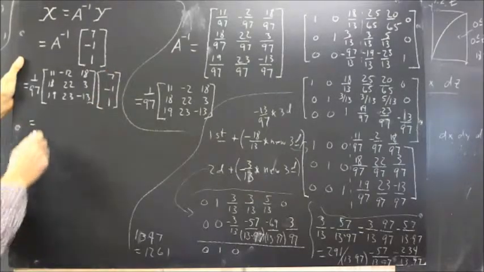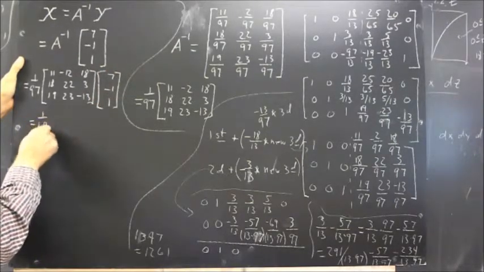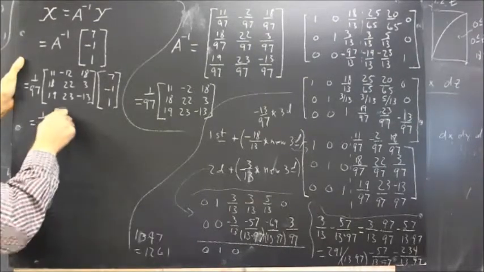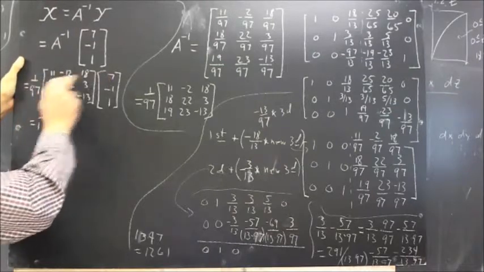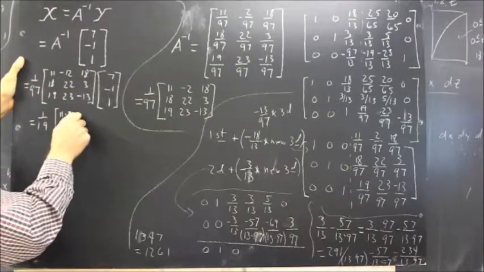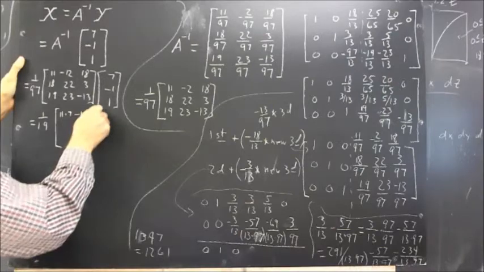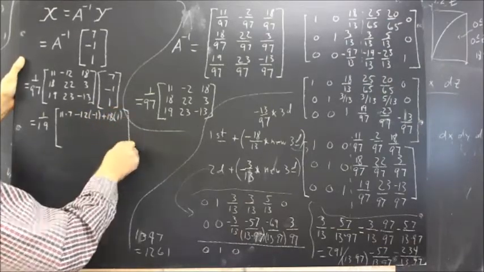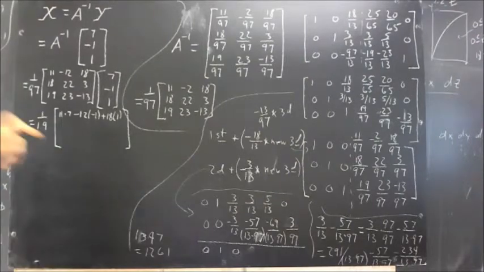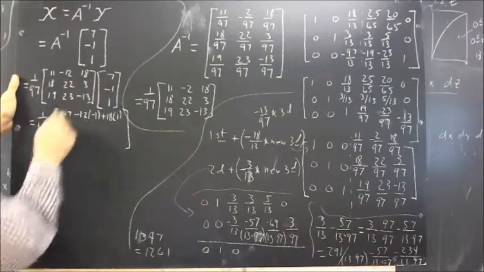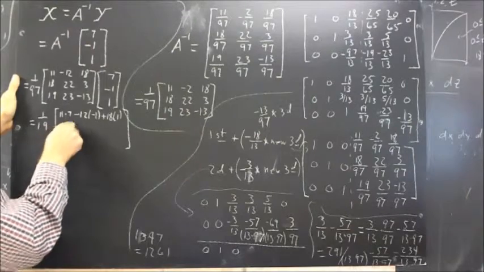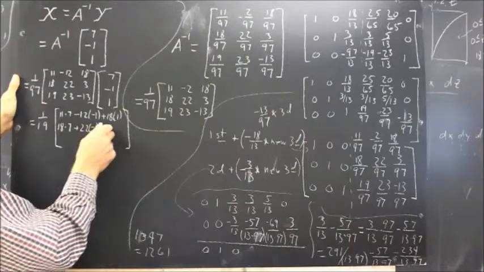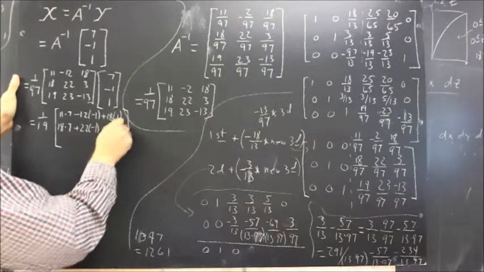What's that equal? Well, you're going to get the 1/97th, and then it's going to be times what? 11 times 7, first times first, second times second, minus 12 times -1, plus 18 times 1. Okay? The second is going to be 18 times 7, plus 22 times negative 1 plus 3 times 1.